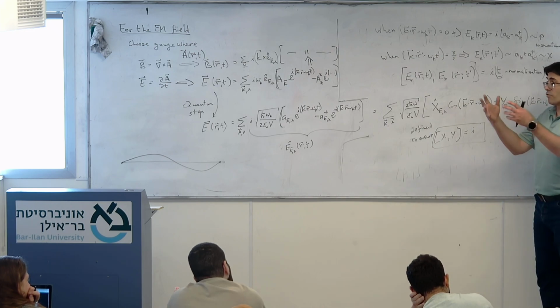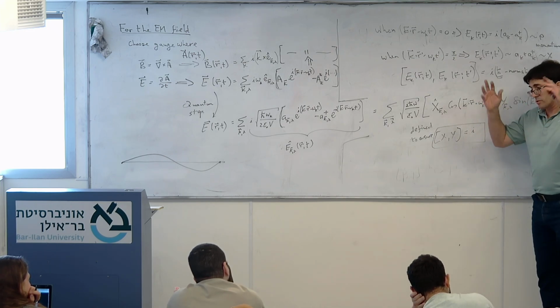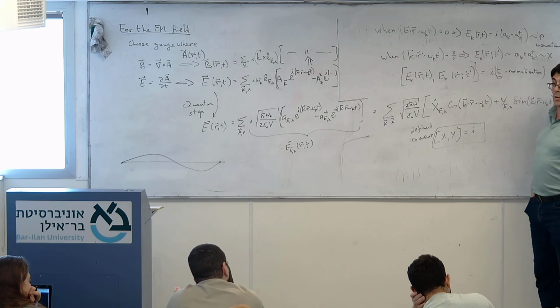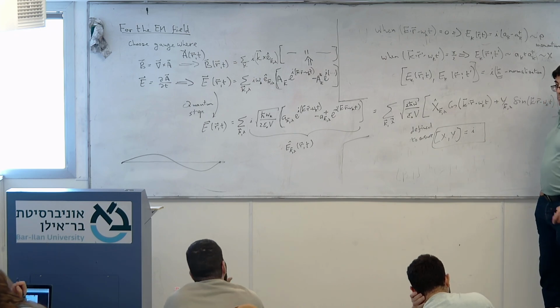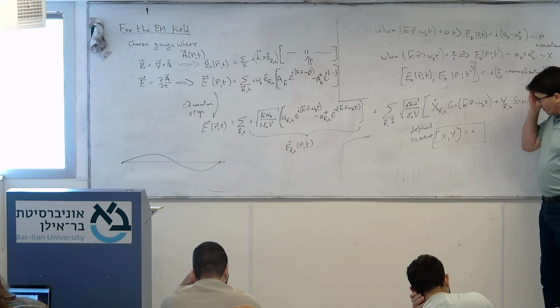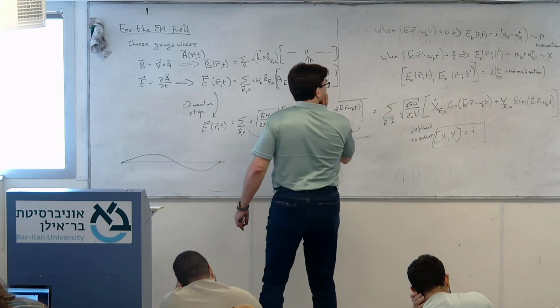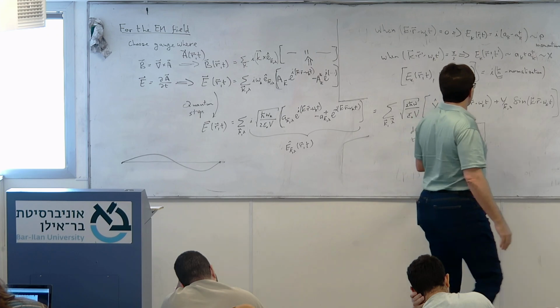Now, any real field that is oscillating in space and time can be written as a sum of a cosine and a sine. And what we tell you is that you cannot know both. Those are the quadratures.